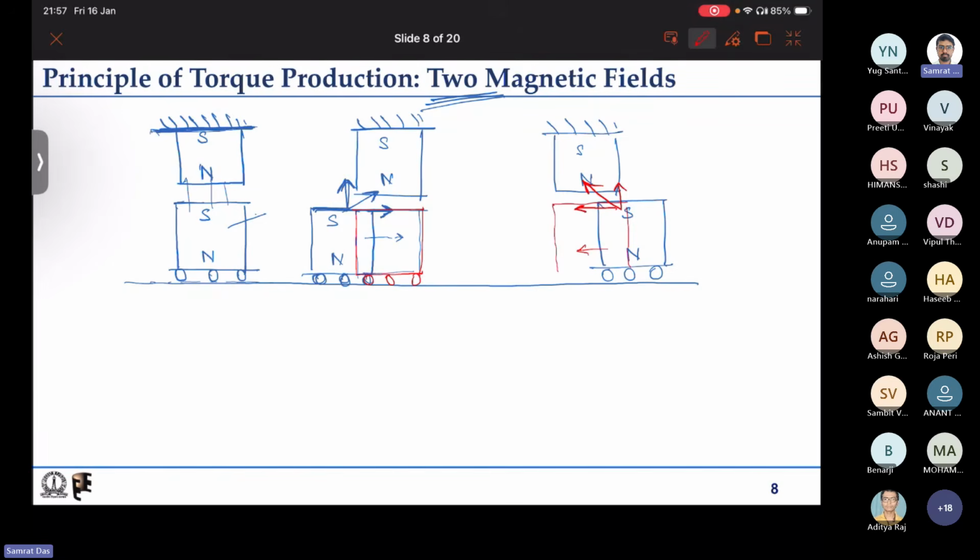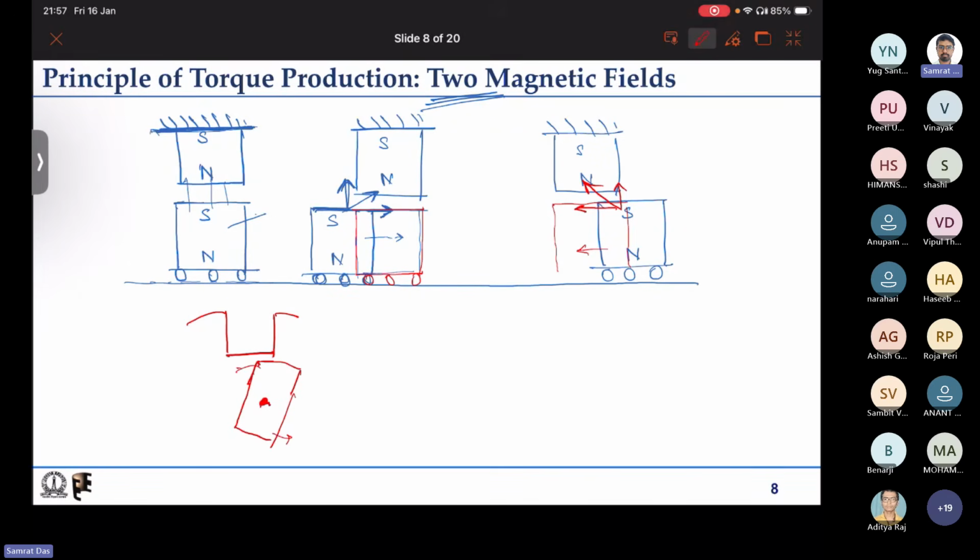If this same thing is drawn in a circular fashion, say this is the stationary part, and this is the rotating part, we are having something like this, where we have some pin holding it on the ground, so that it cannot move radially but it can rotate.